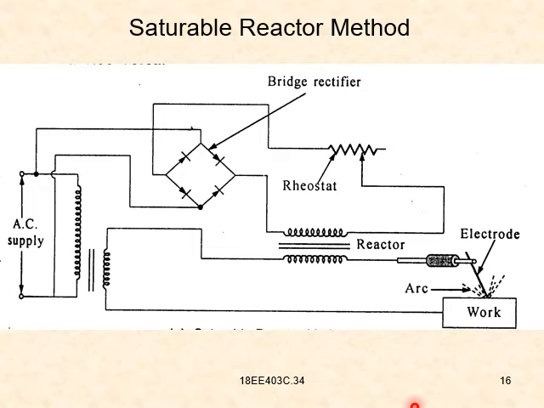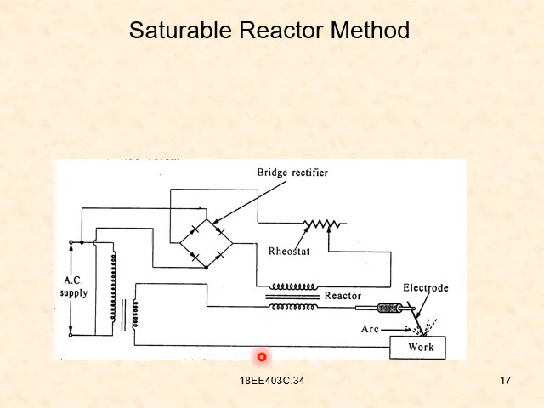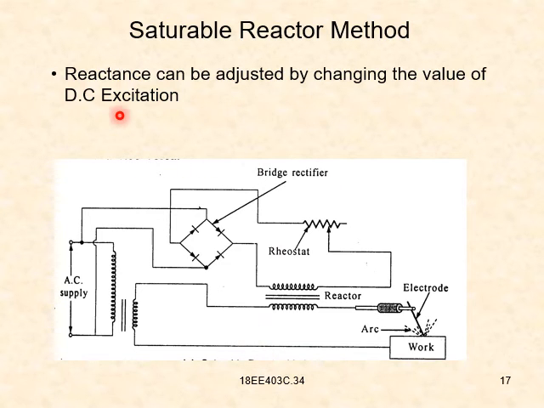Okay, now we can see reactance can be adjusted by changing the value of DC excitation.